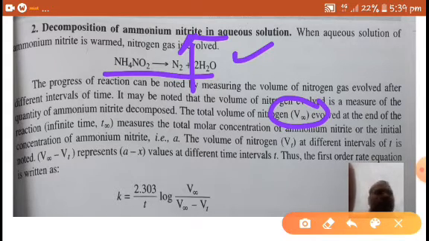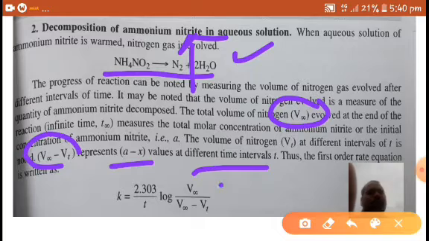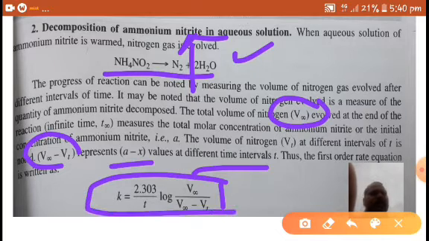So at the end of the reaction, at infinite time, it measures the total molar concentration, or the initial concentration, of ammonium nitrate. The volume of nitrogen at different intervals t is noted. V infinity minus Vt represents a minus x values at different intervals t. So we get this equation by substituting V infinity, the final value, and V infinity minus Vt.